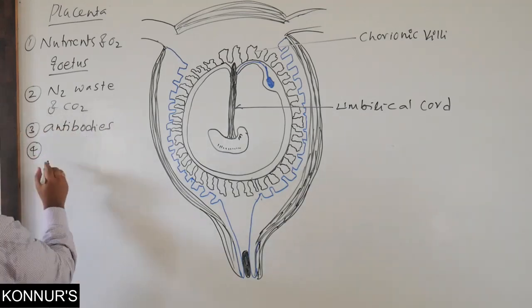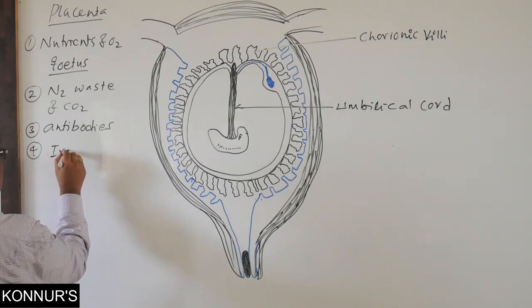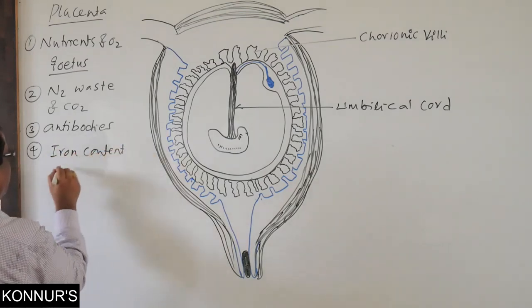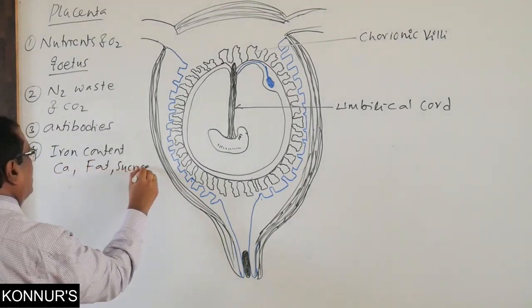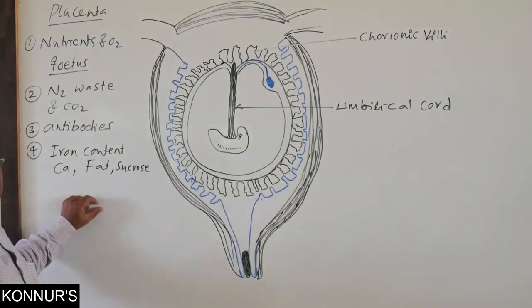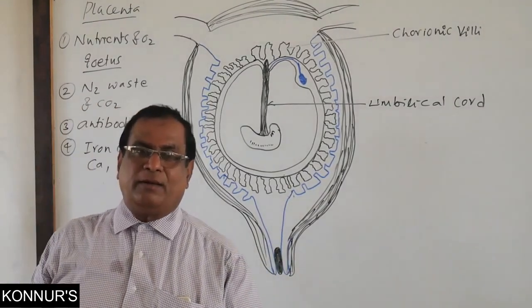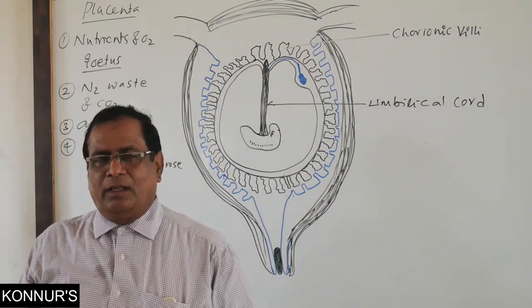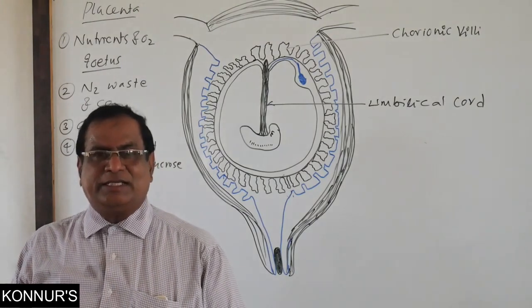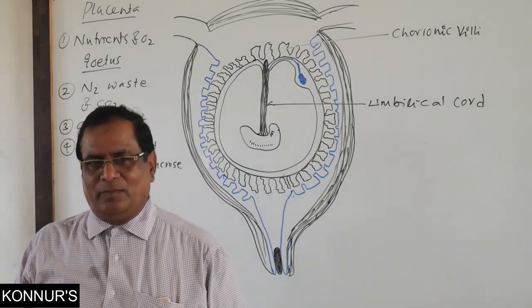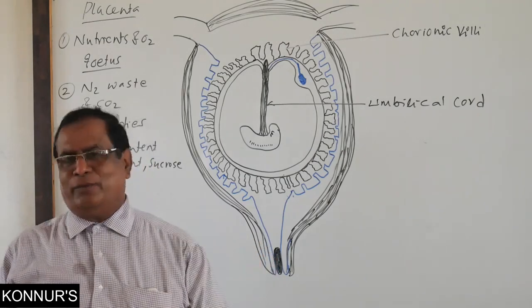Even the placenta stores iron content, calcium, fat and sucrose, because during the pregnancy period the mother will have a loss of appetite. She doesn't have a feeling to eat, but she has to eat for the sake of the developing embryo.